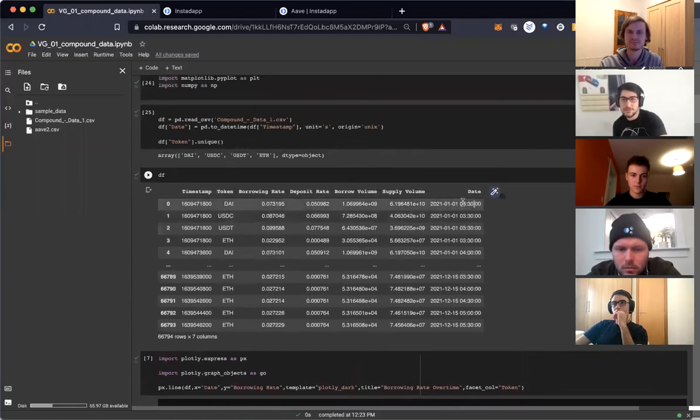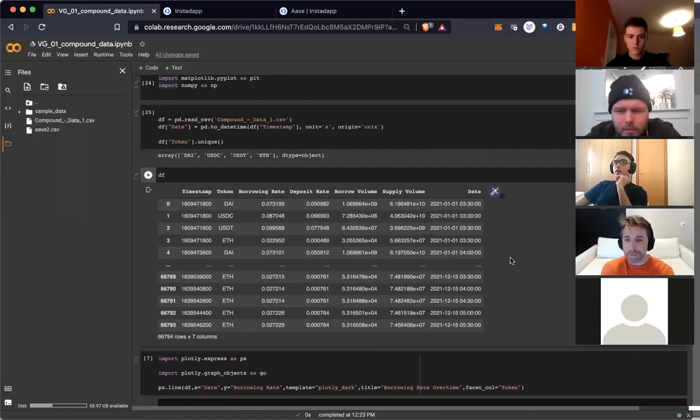But one question for this, the intervals: is this what the data gives us, or is this how often Compound rates change? Is it real time that it does the calculation? Not really. I was the one that got this data set, and I just got every 30 minutes because they don't give you a time window.